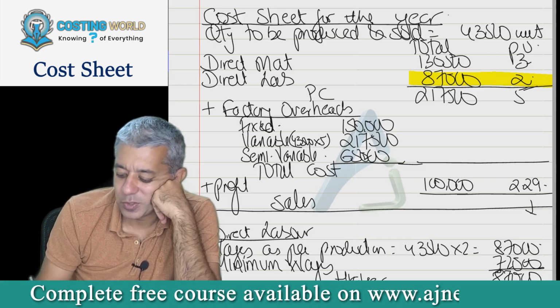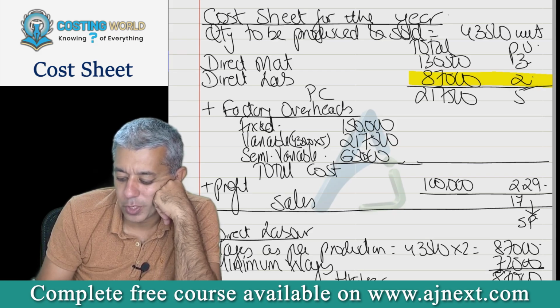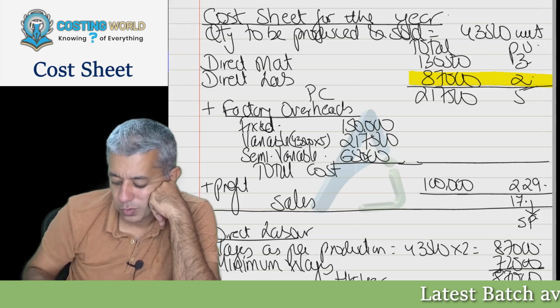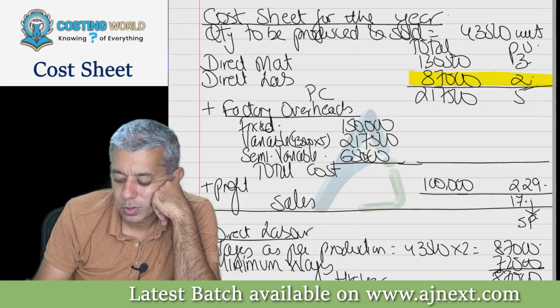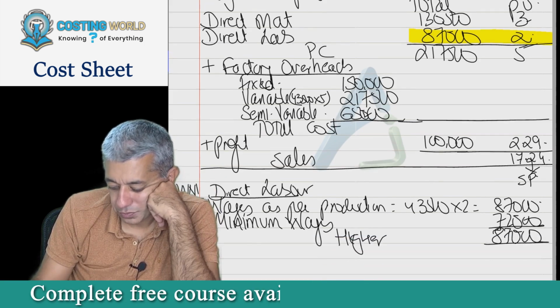Get me the selling price, please. 17 point, let me know. 24. 24, beta? Yes, sir. Okay.